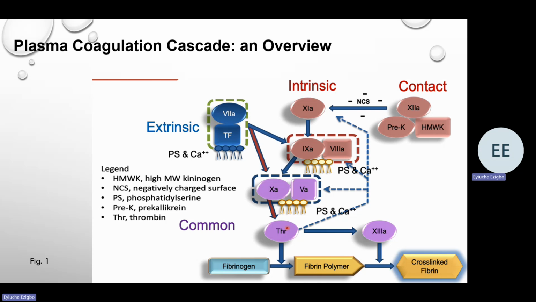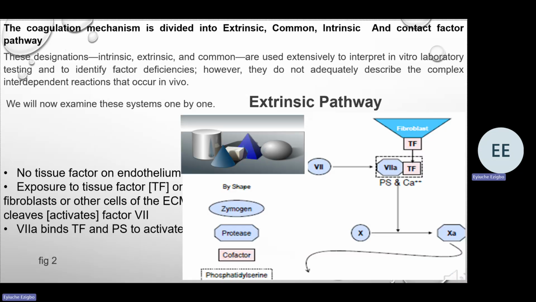And we have said that these divisions into pathways are used extensively to interpret in vitro laboratory testing and to identify factor deficiencies. However, they do not adequately describe the complex interdependent reactions that occur in vivo. So we will now examine this system one by one. Okay, the extrinsic pathway.